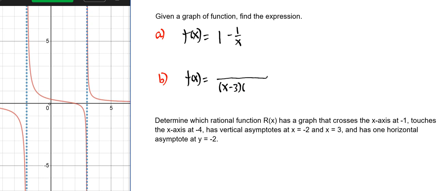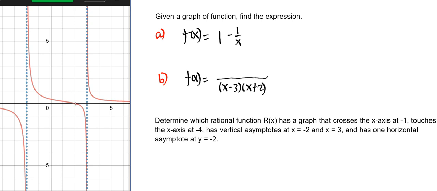And here is negative 2, so x minus negative 2, which is x plus 2. So they are vertical asymptotes. The domain will exclude positive 3 and negative 2, and concurrently those will be the vertical asymptotes.